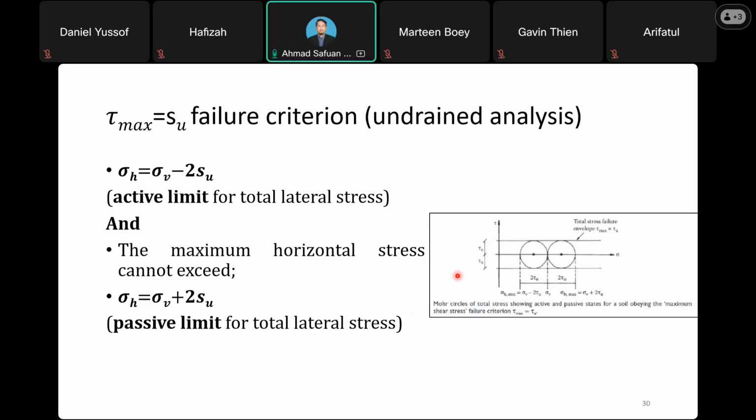Later on, I will show you how to derive this equation, to get the relationship between sigma h and sigma v for the undrained and also for the drained, based on the horizontal stress analysis.